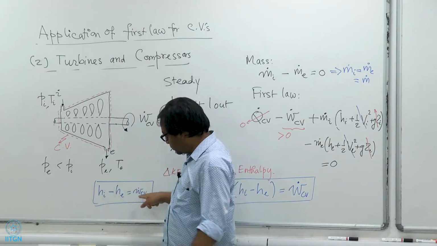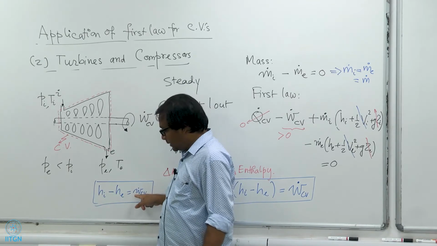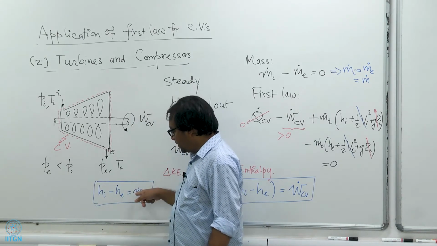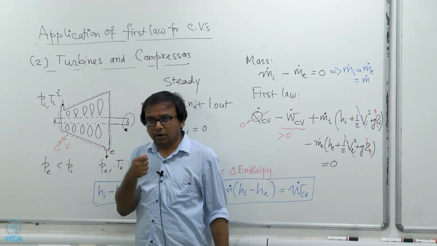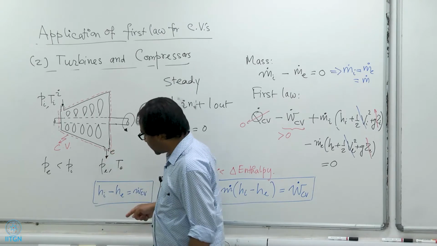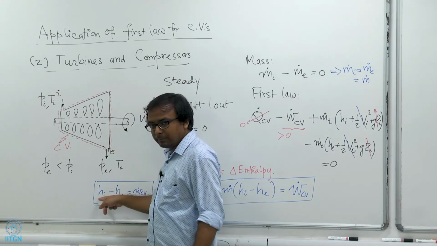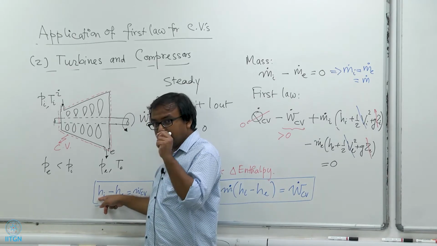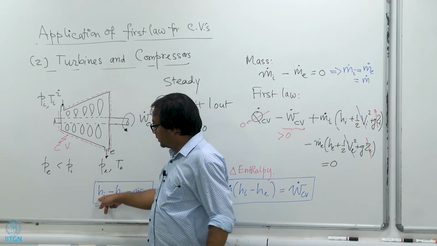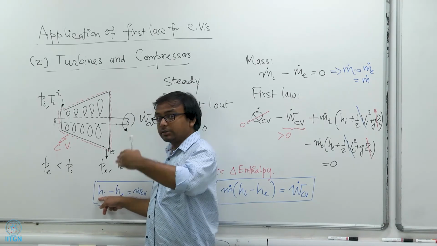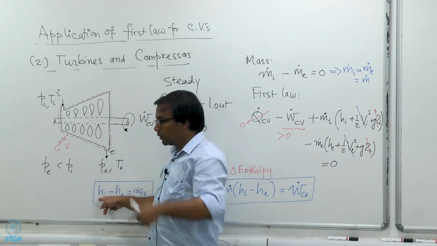Please remember that although this is per unit mass, this is not per unit mass of the turbine. This is work done per unit mass of the fluid that is flowing in or flowing out in this case, and these are of course specific enthalpies at the inlet and the outlet, right. So, this is enthalpy per unit mass of the fluid that flows in, okay, at the inlet.